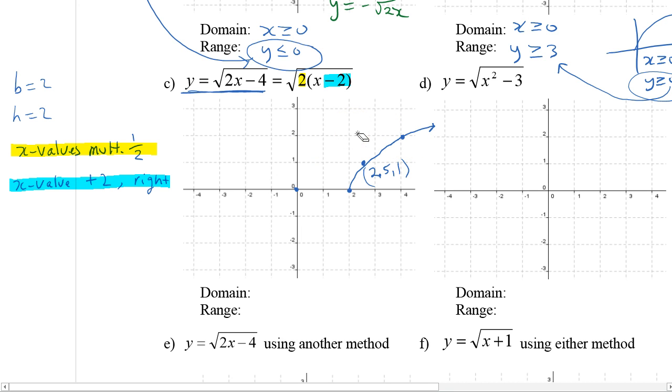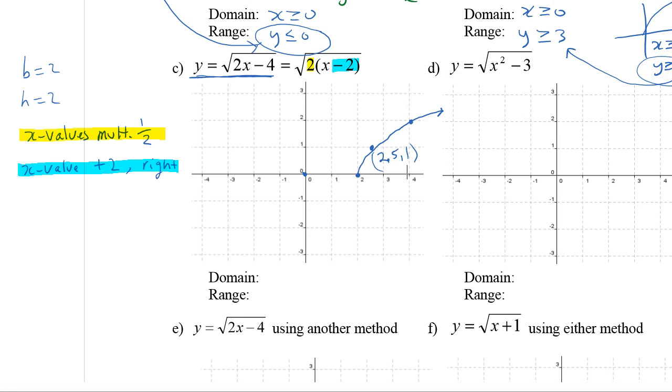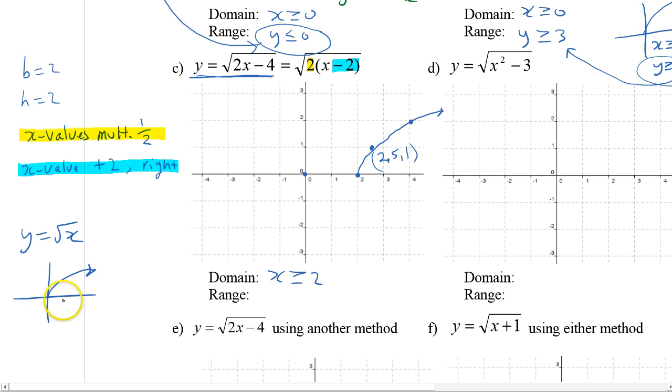Alright, so there's how you do that. How about the domain and the range? Okay, so the domain on this one is going to be x is greater than or equal to 2. Well, let's analyze this. For my original parent function, what we started with, the domain is x is greater than or equal to 0.